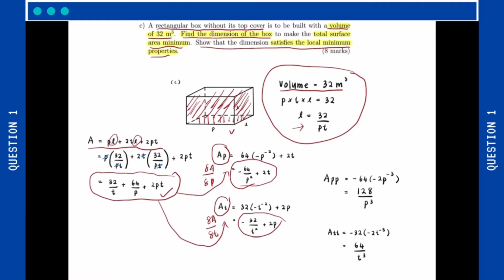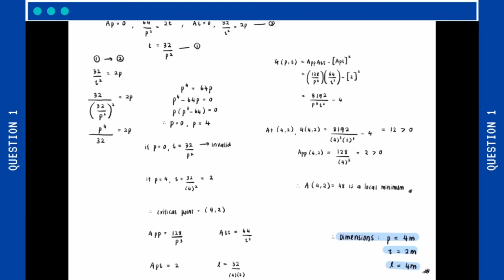Next, we differentiate again to second order. So we have this as the equation and also this. Then we let the derivative with respect to P equal 0 and the derivative with respect to T equal 0.